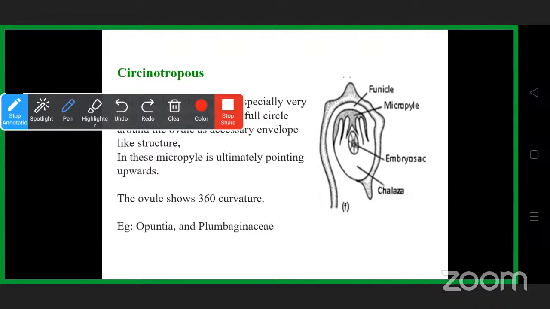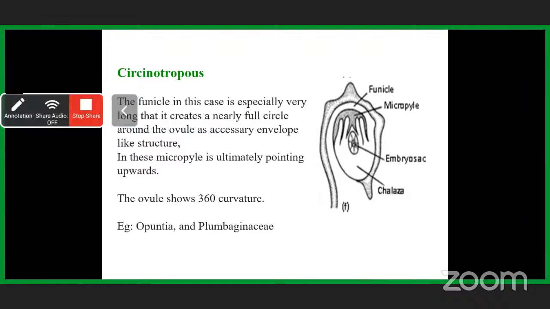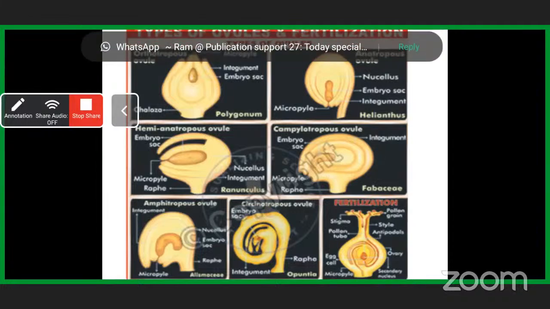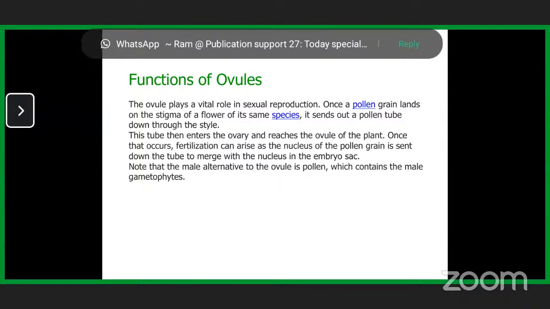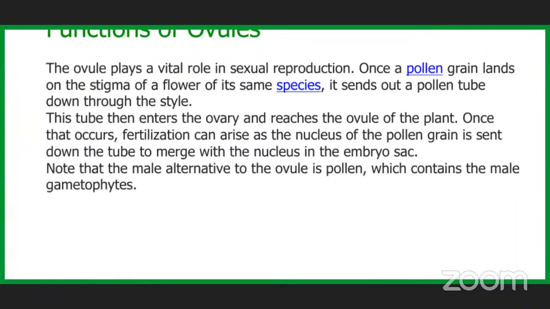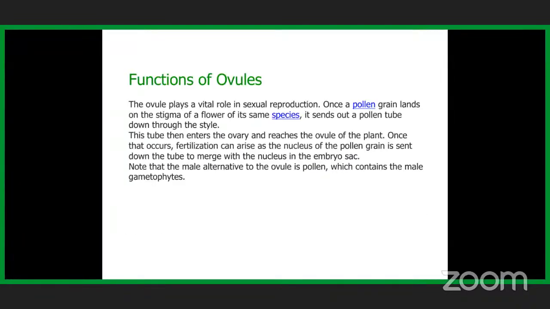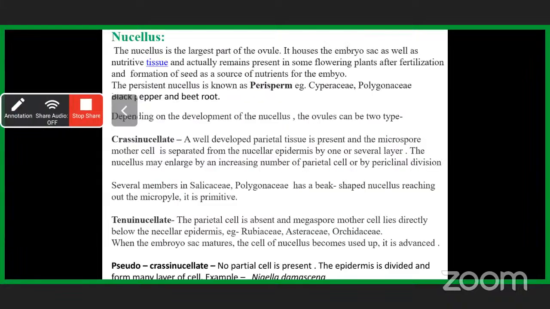And the circinotropous ovule, where the funicle surrounds and covers the ovule, and it turns into 360 degrees. These are the types of the ovules which are there, and some more functions of the ovules are there. The main function is for the fertilization.